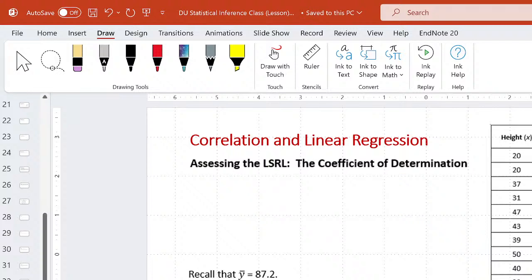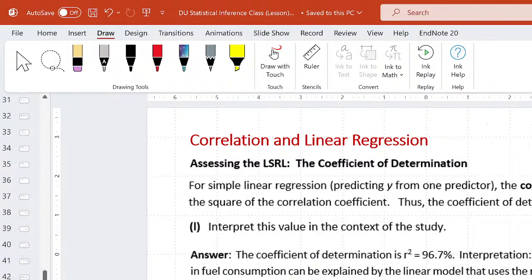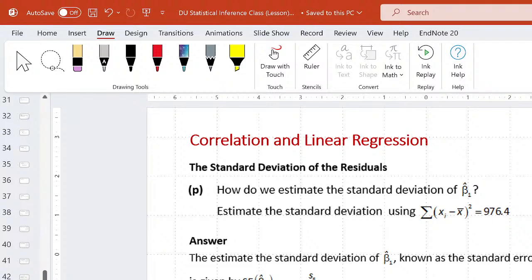Now, we asked the question, is there an association between the number of rail cars and fuel consumption? Provide appropriate statistical reports for my answer. We're going to do a formal test, a t-test for slope.